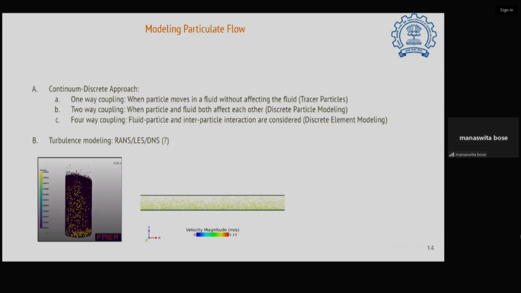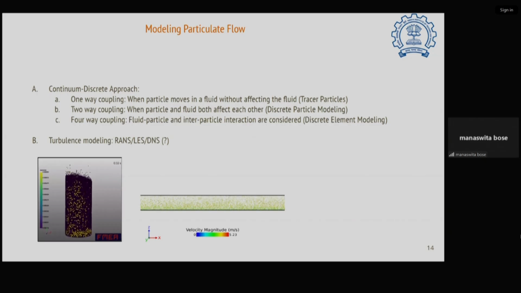Now, when it comes to modeling particulate flow, mostly we are talking in terms of continuum and continuum discrete approaches. So there is one-way coupling, two-way coupling, and four-way coupling. What do we mean by one-way coupling? One-way coupling is when the particle moves in a fluid without affecting the fluid itself, right? There is a non-dimensional number known as the Stokes number, which is a ratio of two time scales.